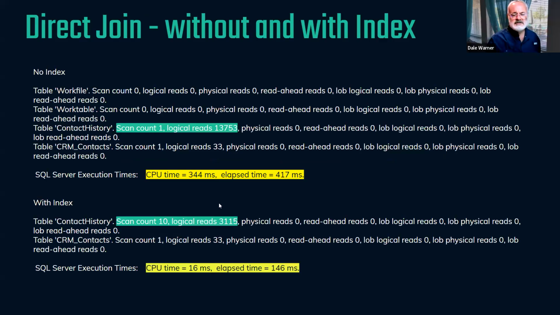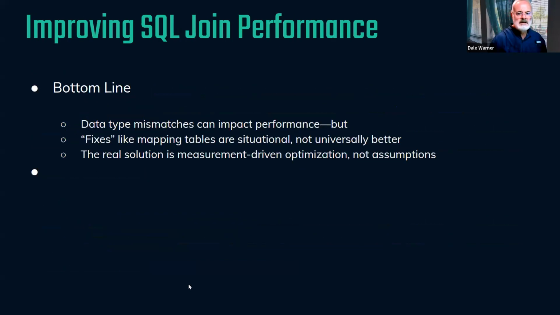This slide just kind of illustrates exactly what we saw today. But this is when I did my preparation. So the scan count went down from 13,753 to 3,000, and the elapsed or CPU time dropped dramatically as well. So there's definitely savings that can be had.